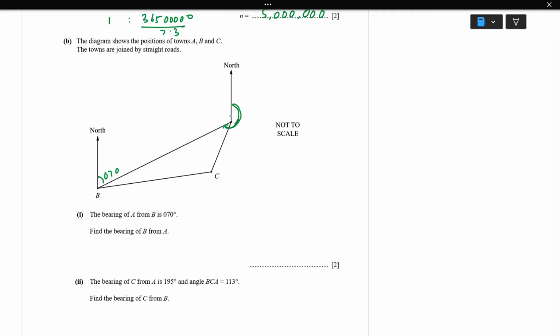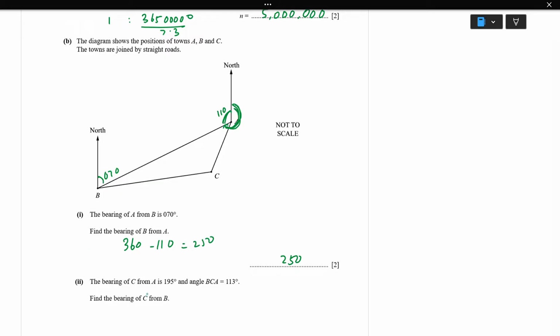Here is 70, here is going to be 110. So this bearing is going to be 360 minus 110, which is 250. So 250 is the answer, because we just subtract from 360. Angles around a point add up to 360.